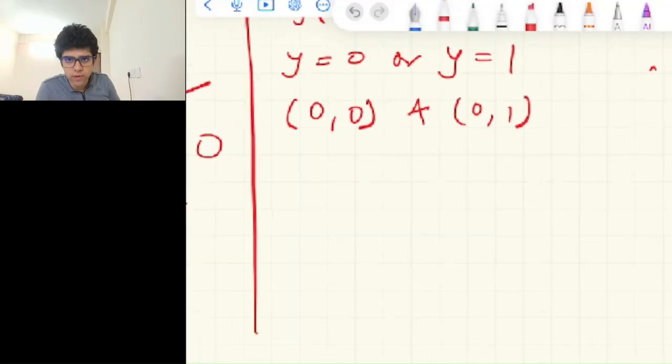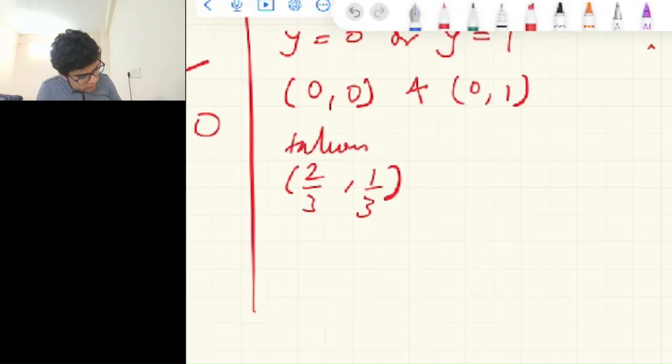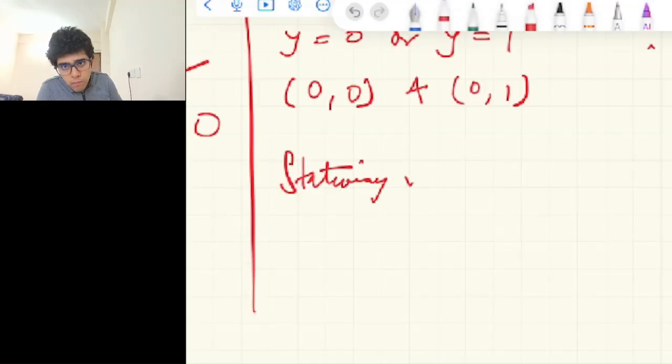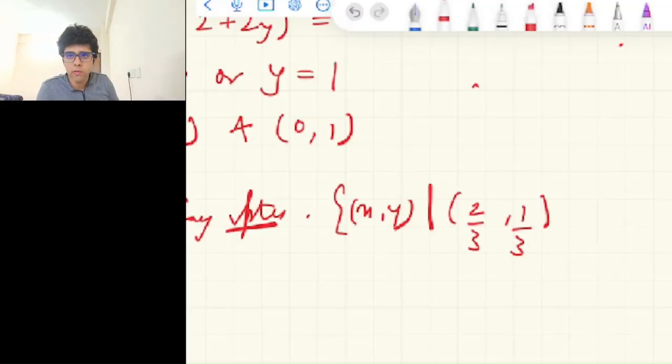Let me just write all of the points here. 2 by 3 comma 1 by 3, these are the stationary points. The set of stationary points are, x comma y belongs to... I was going to write x comma y belongs to R, but I didn't.